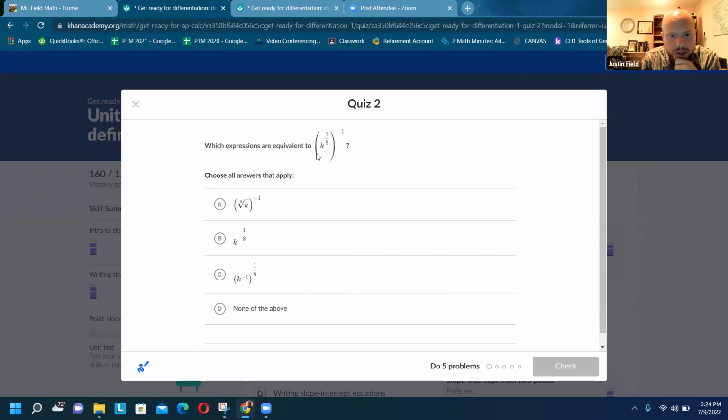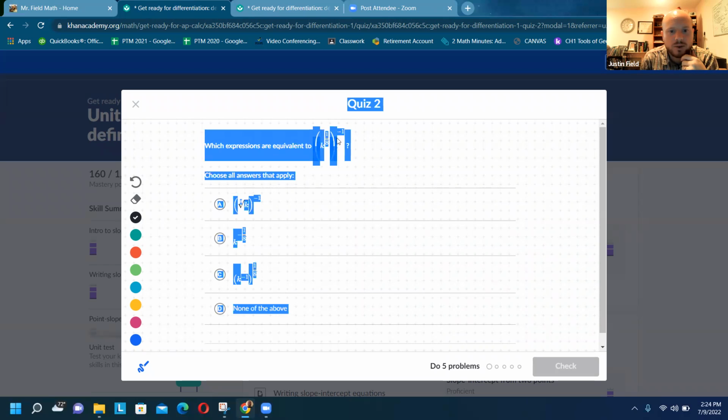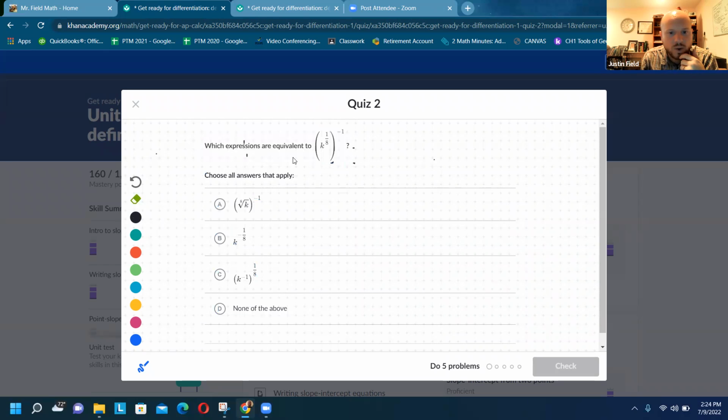Rules of exponents. Okay, how many people remember the rules of exponents? This is the power rule, right? So we have k to the 1/8, to the negative first. Let's talk about that 1/8 first.